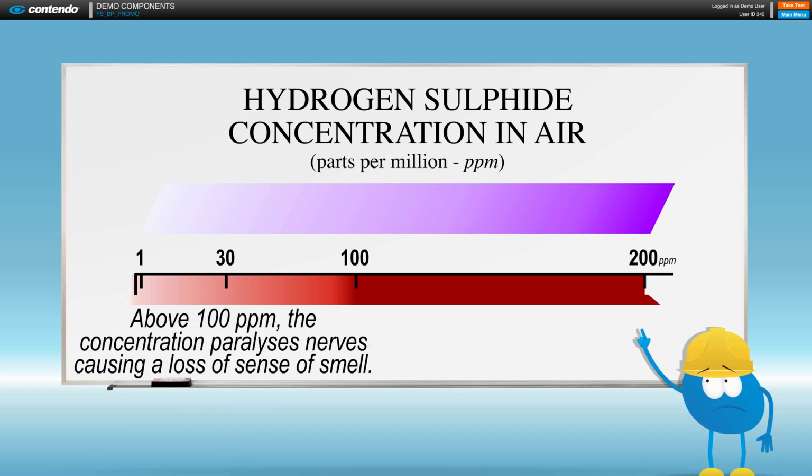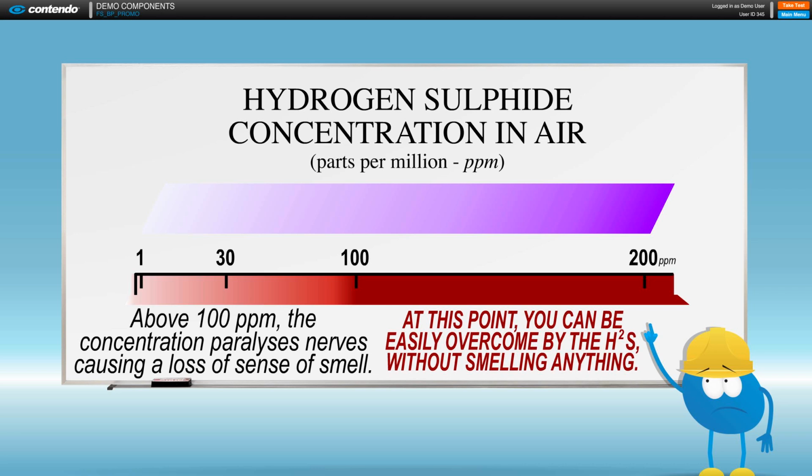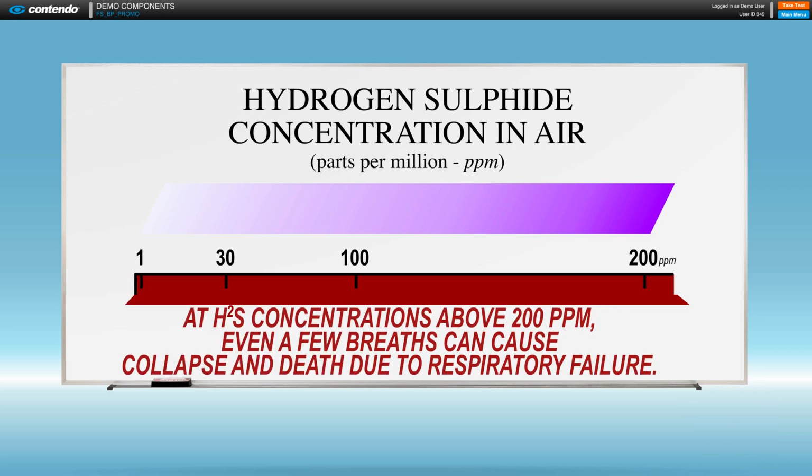Above 100 parts per million, the concentration paralyzes nerves, causing a loss of the sense of smell. At this point, you can be easily overcome by the H2S without smelling anything. At H2S concentrations above 200 parts per million, even a few breaths can cause collapse and death due to respiratory failure.